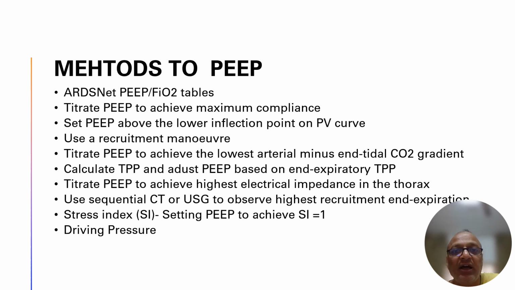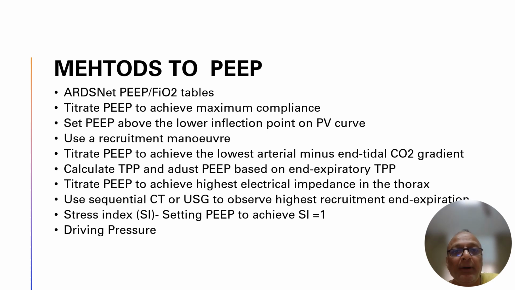Titrate PEEP to achieve the lowest arterial minus end-tidal CO2 gradient, the PEEP value at which dead space is minimal. Use the transpulmonary pressure calculated from esophageal balloon manometry, using esophageal pressure as a surrogate for pleural pressure, and adjust PEEP so that the transpulmonary pressure at end expiration is between 0 to 10 cm of water.